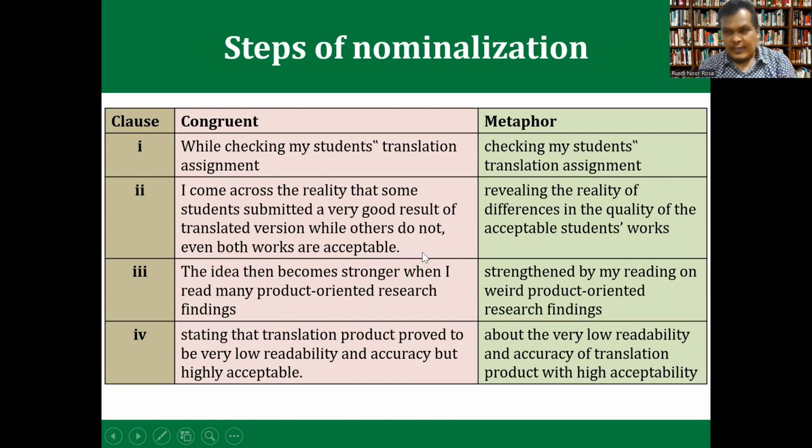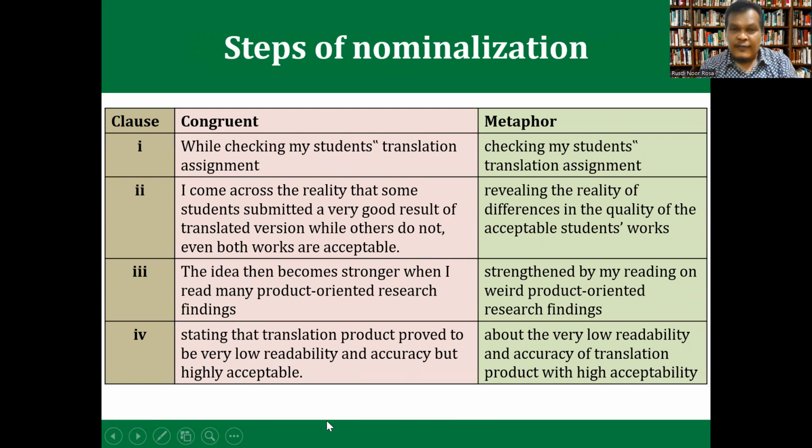Even both works are acceptable. The idea then becomes stronger when I read many product-oriented research findings stating that translation product proved to be very low in credibility and accuracy but highly acceptable.